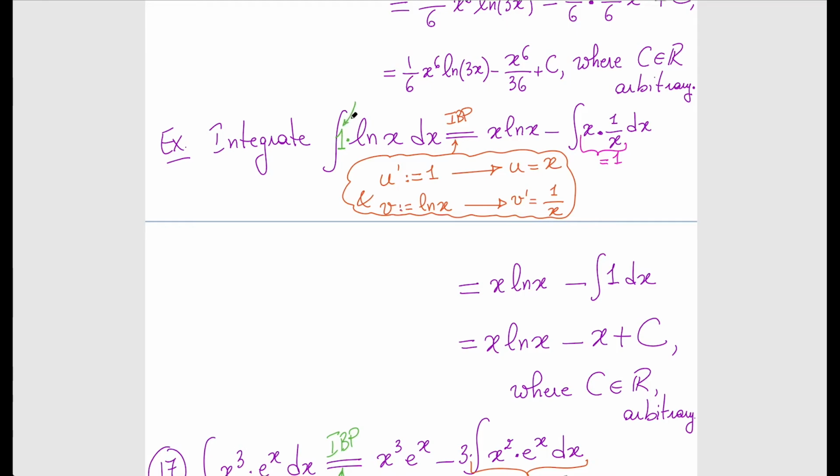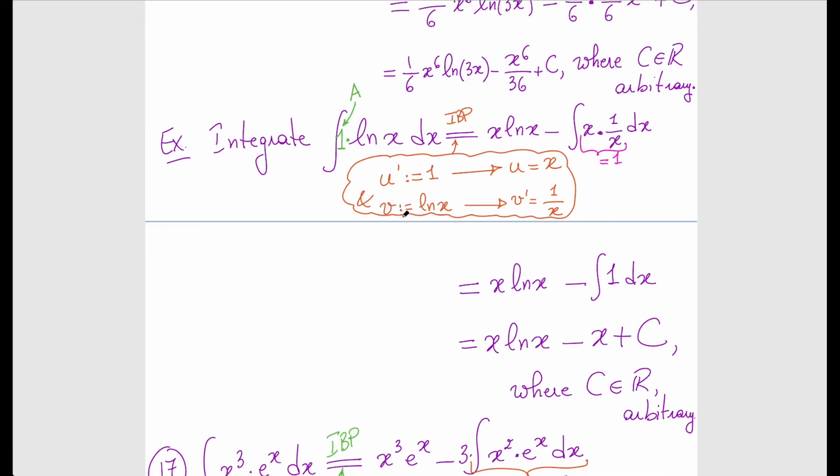The 1 is of class A, algebraic, and the ln is of class L, and in ILATE, L comes before the A. So that's the one that's going to play the role of V, as we saw here.